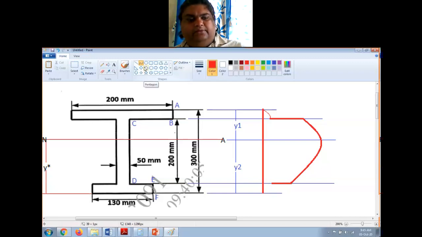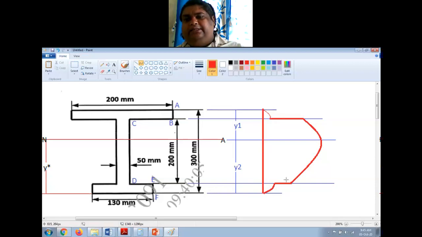And sorry, it will be a straight line here. And then you will have a parabolic curve from here to, right? So this is the shear stress distribution for this given section.